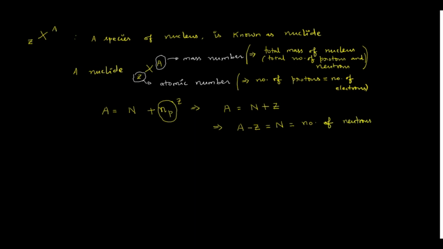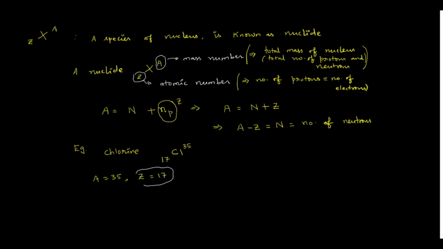Let us see an example. For example, chlorine, which is denoted by Cl 35 17. What is A? The mass number is 35, and the atomic number is 17.